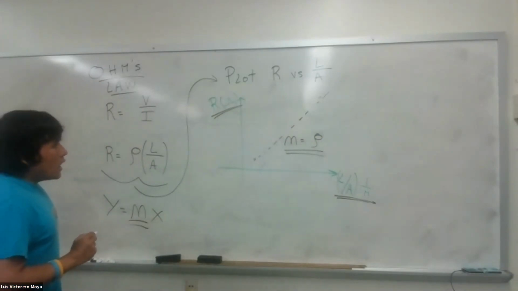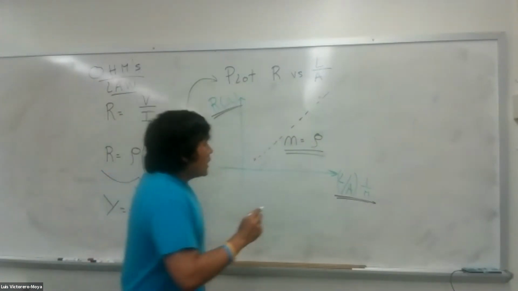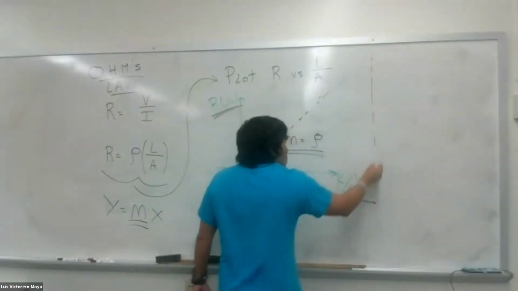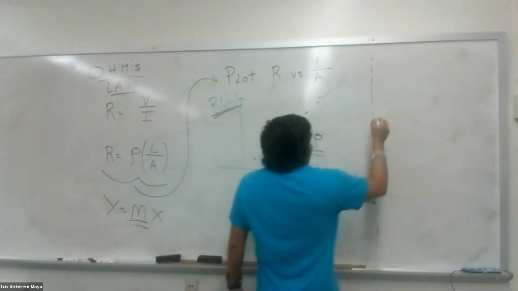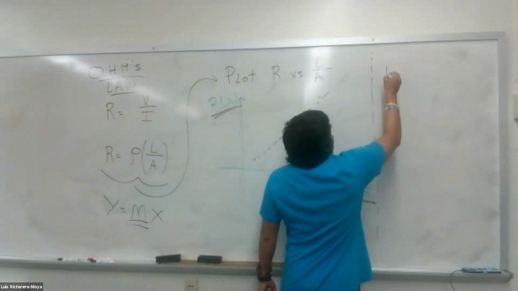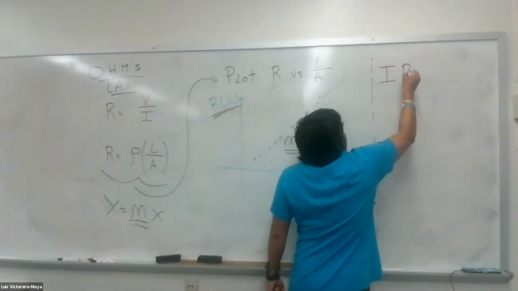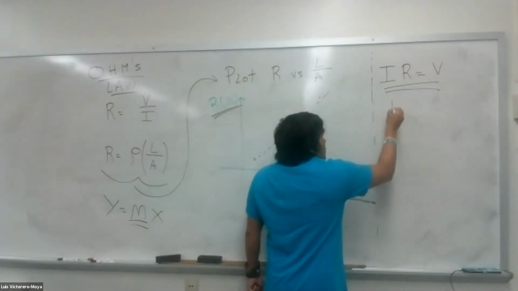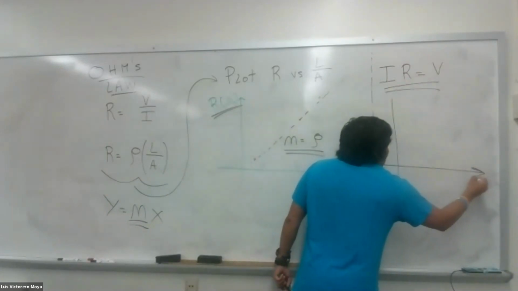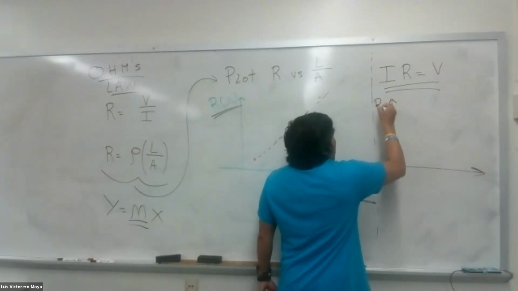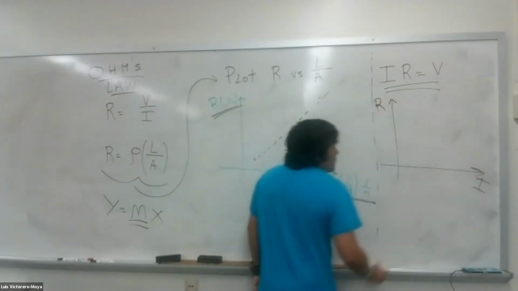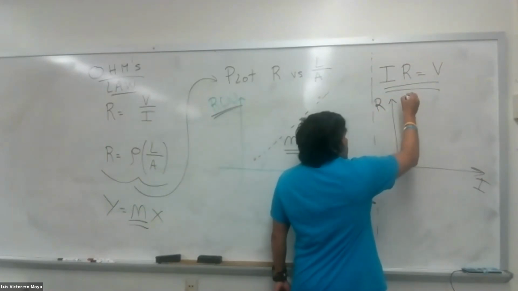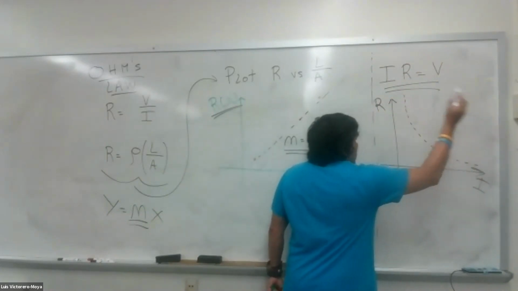Furthermore, if you were to plot using Ohm's law, IR equals V, it doesn't matter, but normally you would plot R versus I. The plot will give you something like this.